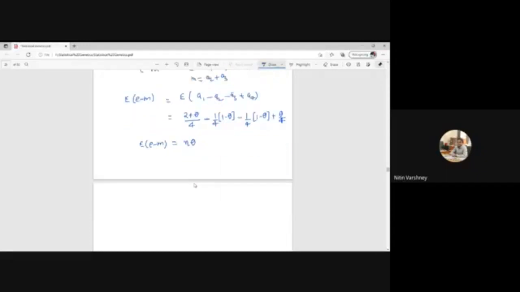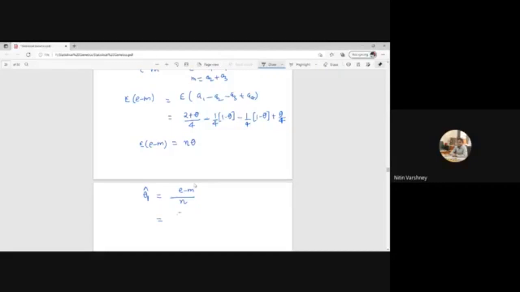Now, if we take this theta 1 for our immersion method, the estimated value of theta 1 will be E minus M upon n.